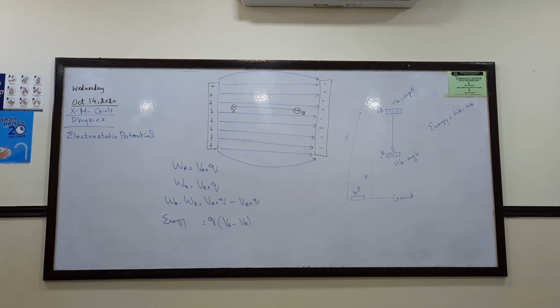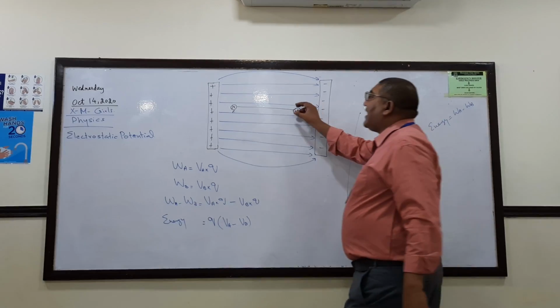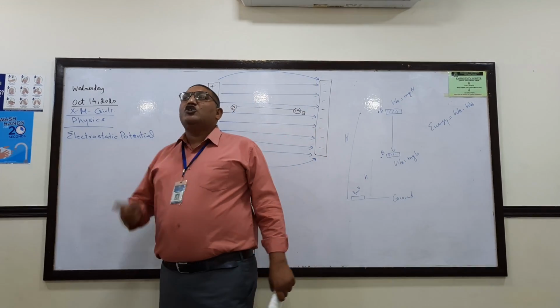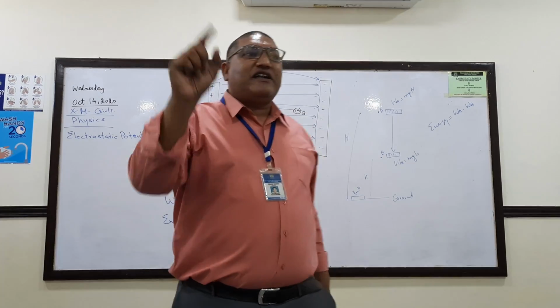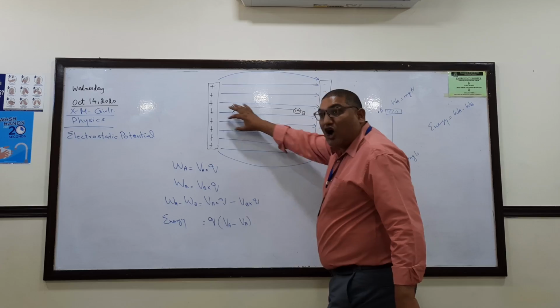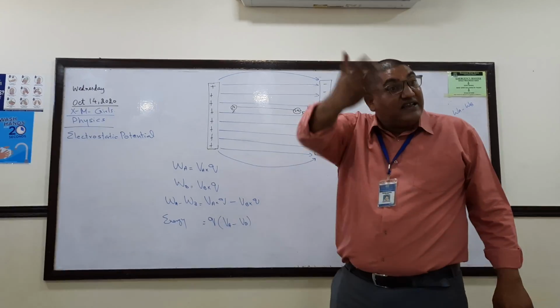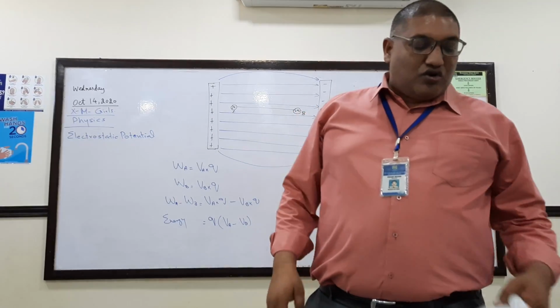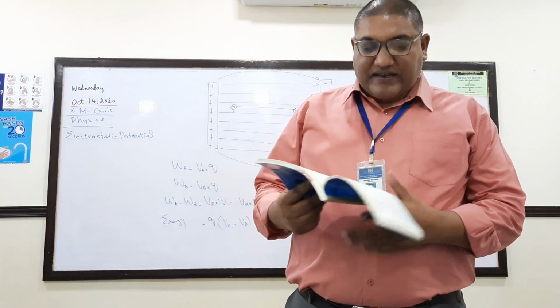If a positive charge is transferred from a point of lower potential to a point of higher potential, against the field direction, energy would have to be supplied. If you move a positive charge against the electric field, you will have to provide the energy. But if the unit charge moves along the electric field, it will give you energy. So this is how this topic is.